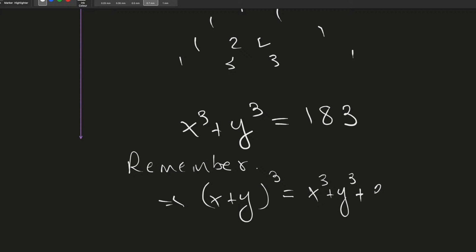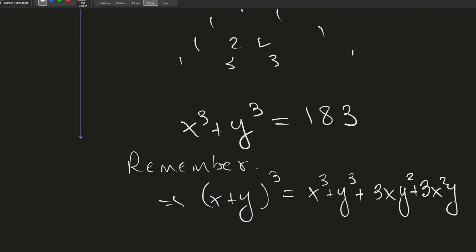plus 3xy squared plus 3x squared y. Well, you see, we have gone all the way to apply what we learned earlier in our basic mathematics, where we know what is called the binomial theorem. So this is a binomial theorem application, friends.